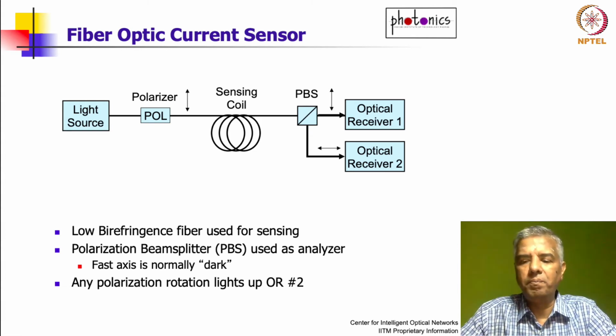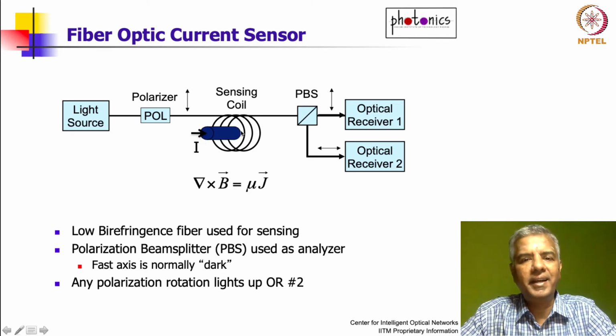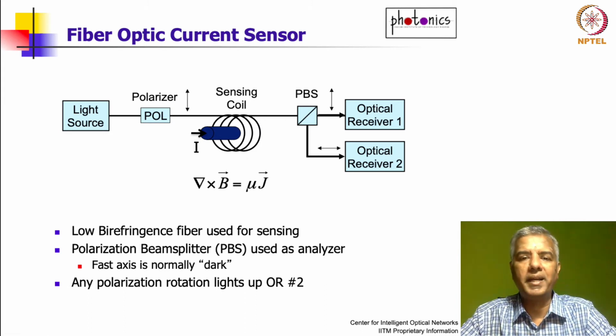But that can change if you introduce a current-carrying conductor through the axis of this coil. When you have a current-carrying wire inserted through the middle of this coil, we know that the Biot-Savart law and Ampere's law tell you that whenever there is a current going through this conductor, there is going to be concentric generation of magnetic flux around it.